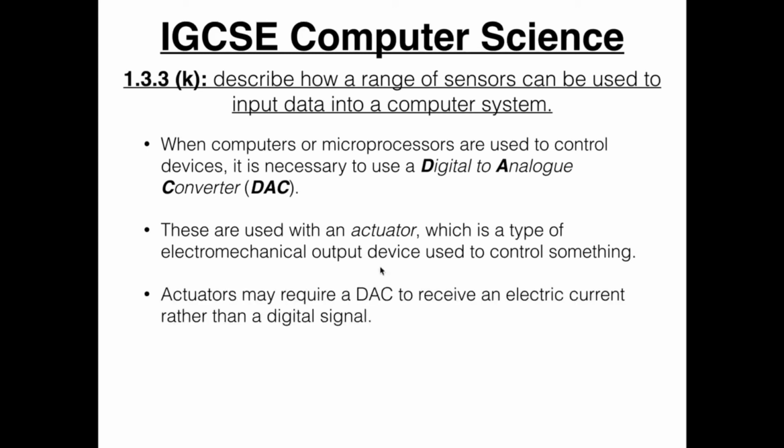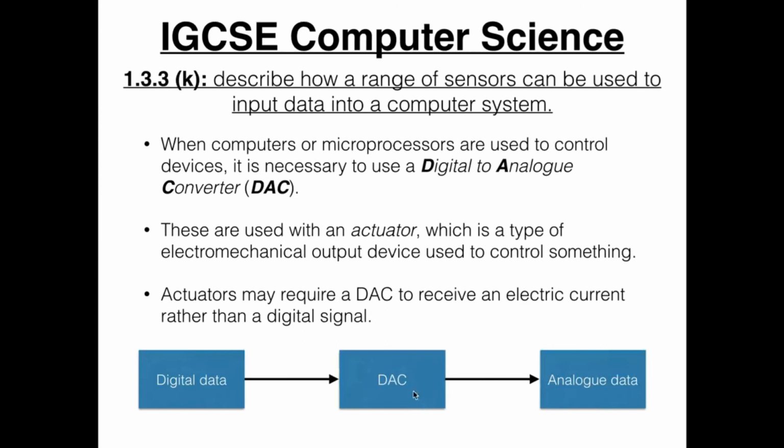Actuators may require a digital to analog converter to receive an electric current rather than a digital signal. So we need to think about when microprocessors can read digital values, actuators have to read analog values. So we have to convert digital values into analog values. Something like this.